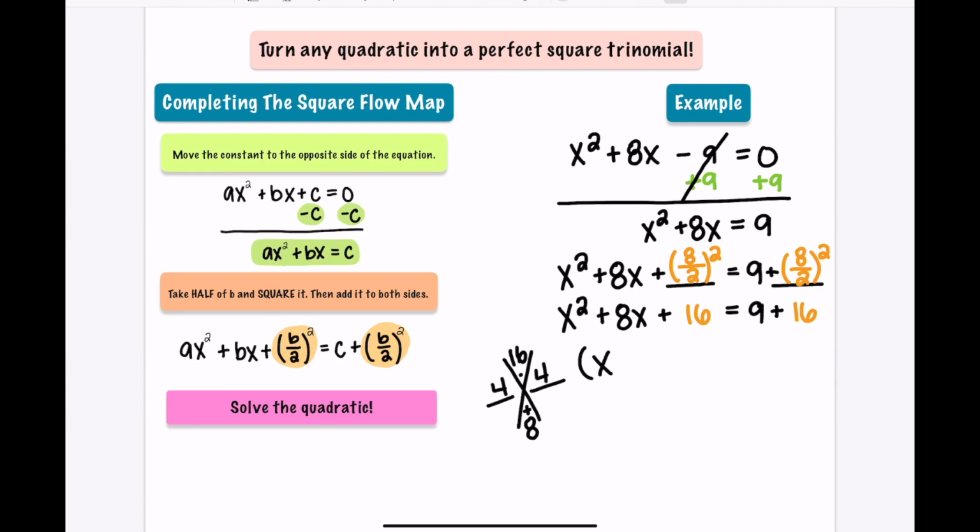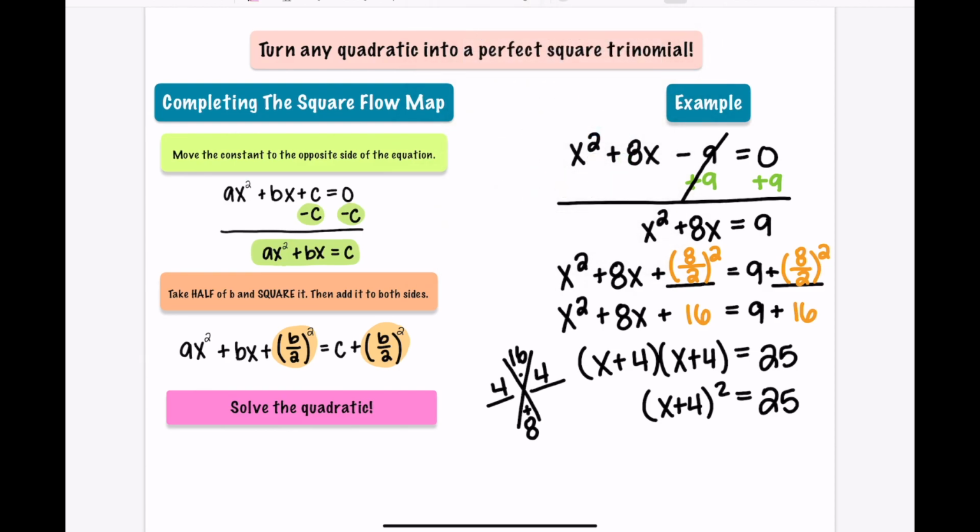So our factors are x plus 4 times x plus 4 equals, and then we can simplify, 9 plus 16 is 25. So this is x plus 4 squared equals 25.